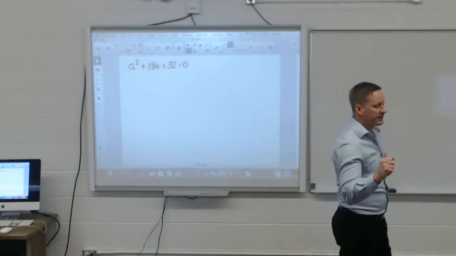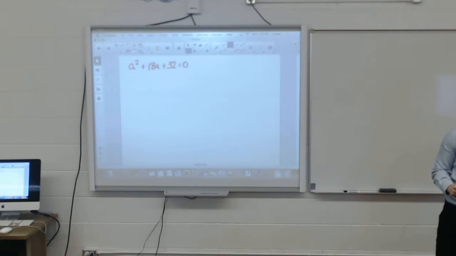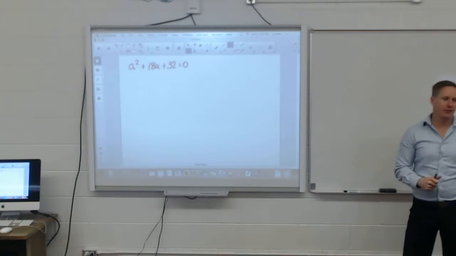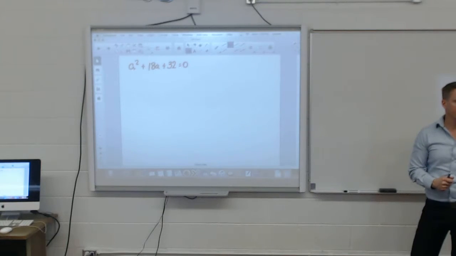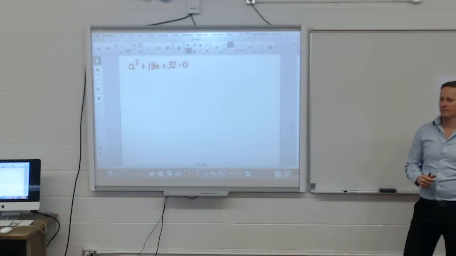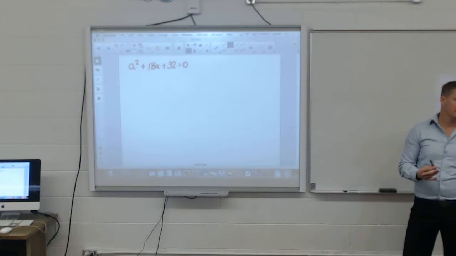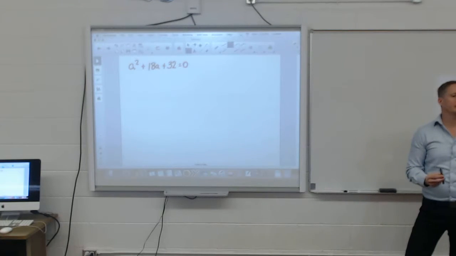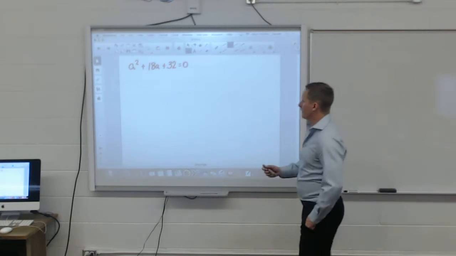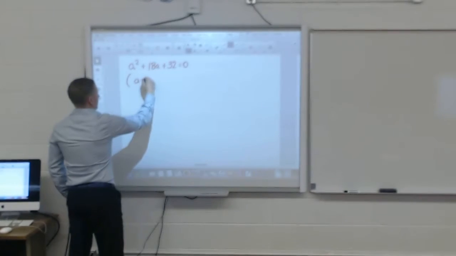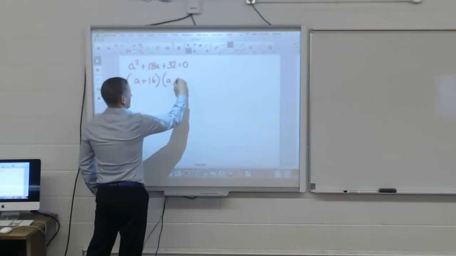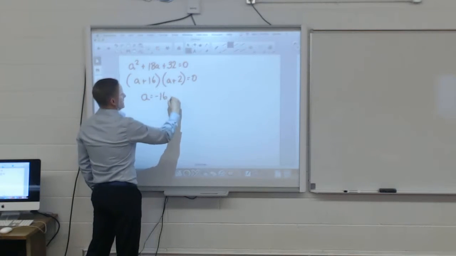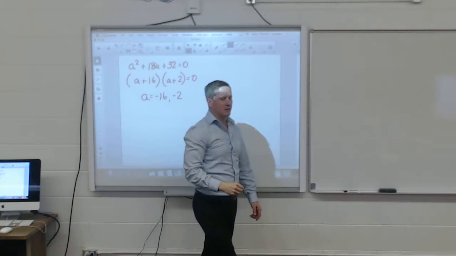All right, is this factorable? Are there factors of 32 that add to give me 18? Yeah, 16 and 2. Very good. (a + 16)(a + 2) = 0. a is equal to negative 16 and negative 2. That's how quick it is.